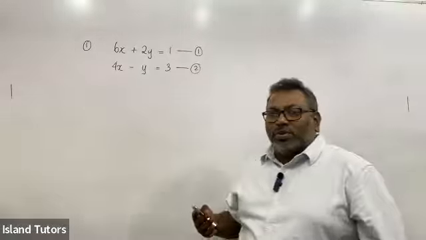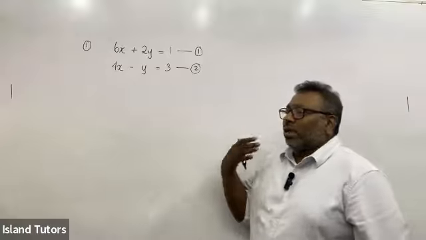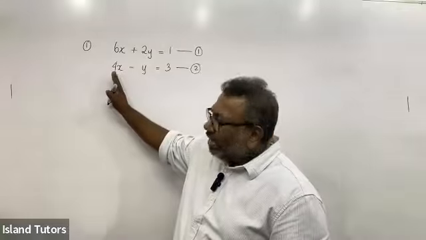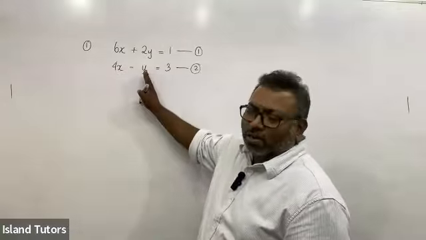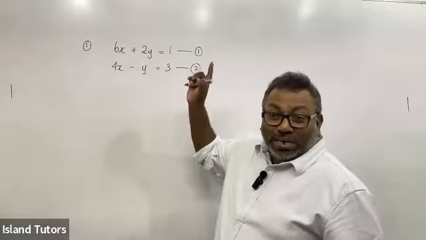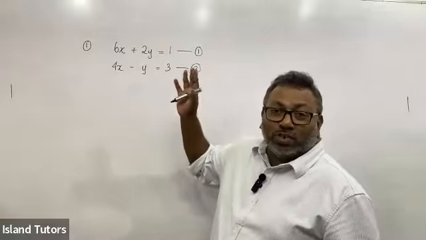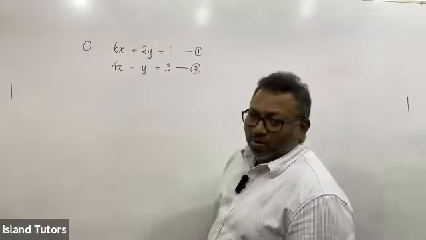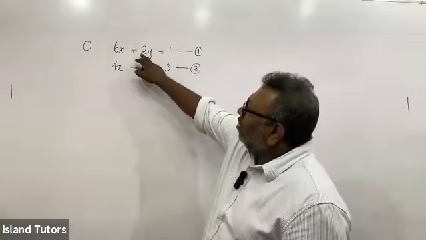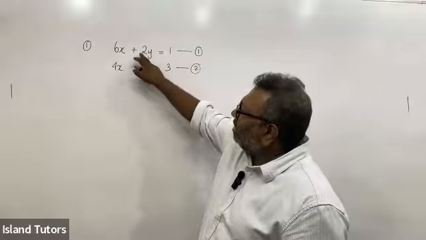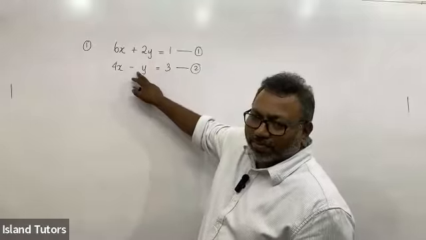You have to either make the coefficient of x the same, or make the coefficient of y the same. Either one of them you have to do in order to apply those two rules that we learned just now. The easy way out here is we know 2 and we have 1 here. So it's easier to make the coefficient of y the same.